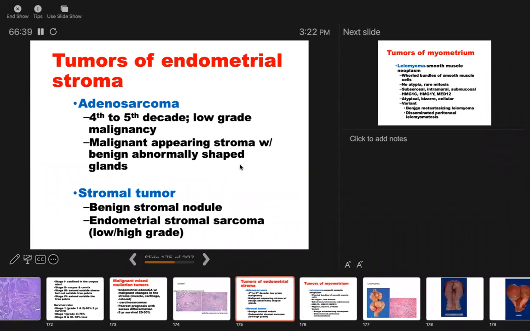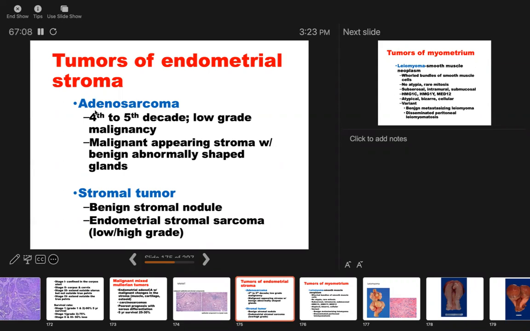There is also the so-called tumors of endometrial stroma. So we are now on the stroma. It may be adenosarcoma, which, from the term itself, the diagnosis is based on the presence of malignant-appearing stroma, which coexists with benign glands.